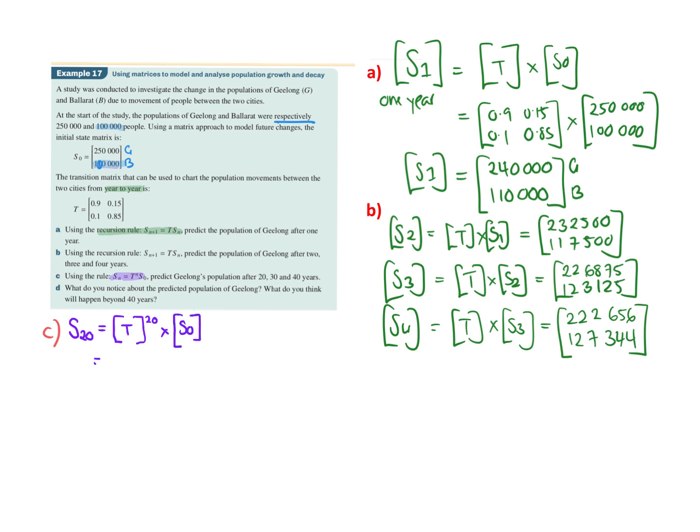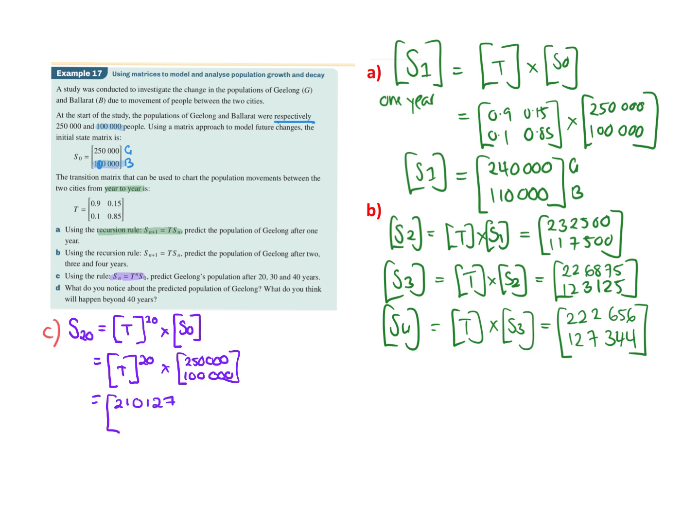So if we type all of that in, what we would be typing is the transition, which we've been doing, to the power, and then times the initial matrix, which was the 250,000 and the 100,000. So when we do that, we get our answer, and we're going to round, even though it might have a decimal, to a whole number because we're talking about population of people.